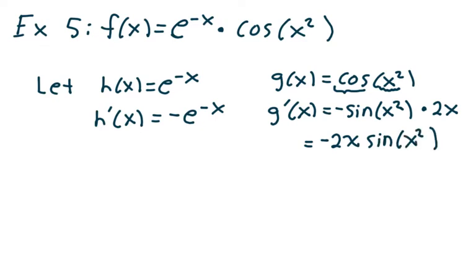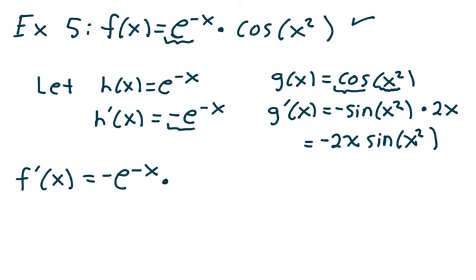Now what we're going to do is put these pieces together. So we're going to look at f prime of x, but we need to apply the product rule here. So the derivative of e to the negative x, again, is negative e to the negative x. So let's write that down. Negative e to the negative x.